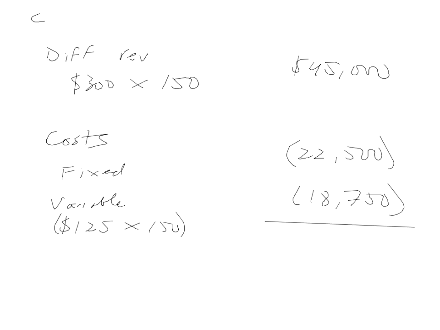So now we do the math here: 45,000 minus 22,500 minus 18,750, and we get a profit of 3,750.